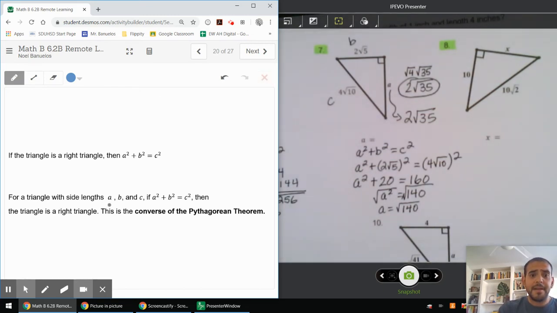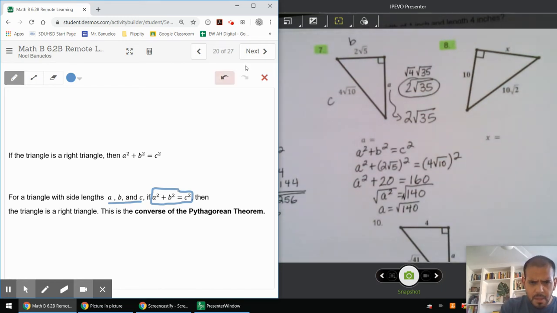If I give you 3 side lengths, and you do your calculations, and you notice that if you square one of them and add it to the square of another one, it's equal to the other squared, then guess what? I gave you 3 measurements that are from a right triangle. So that's the converse of the Pythagorean theorem.